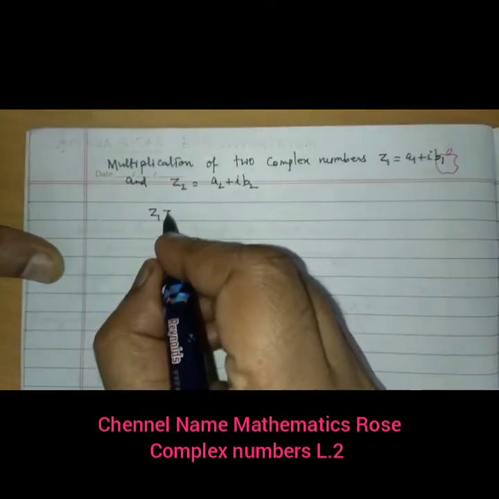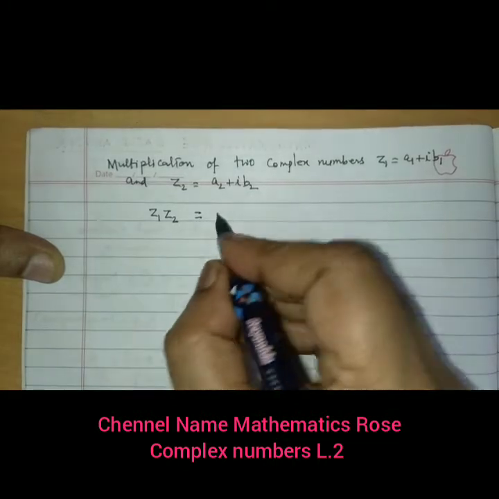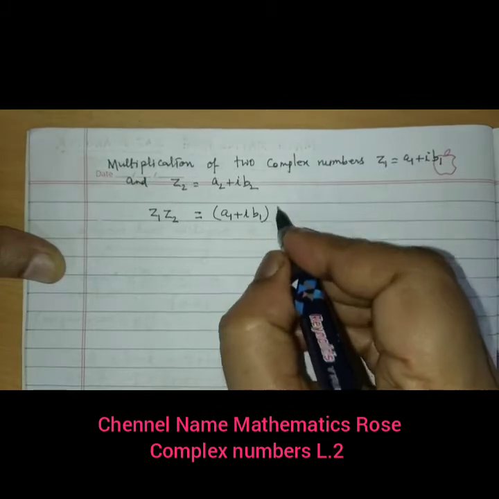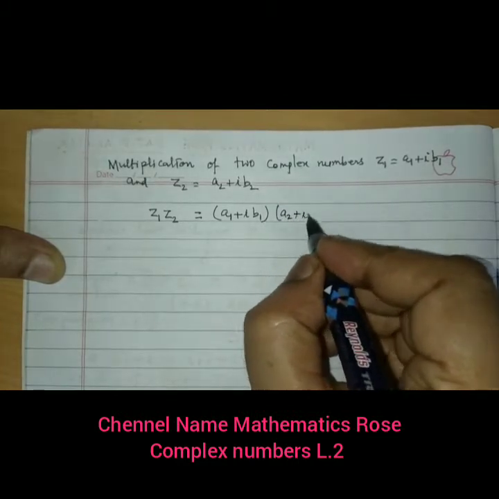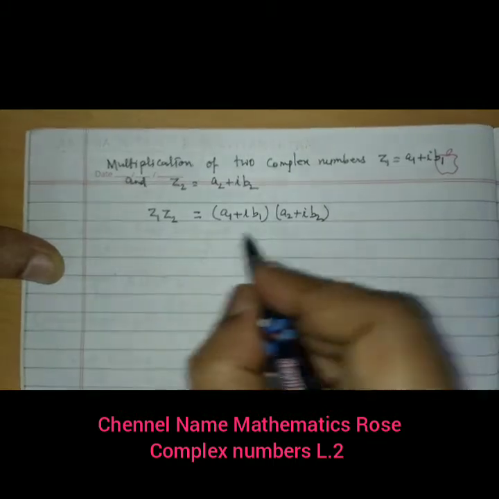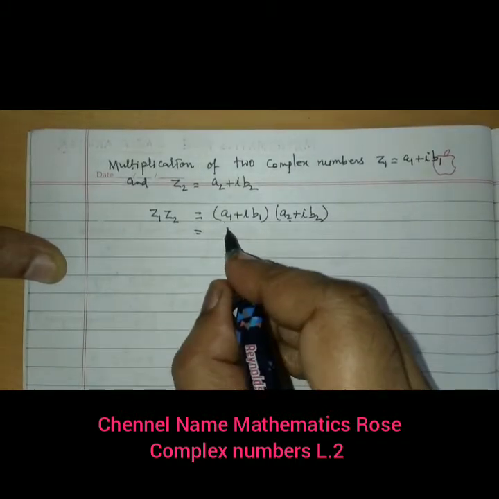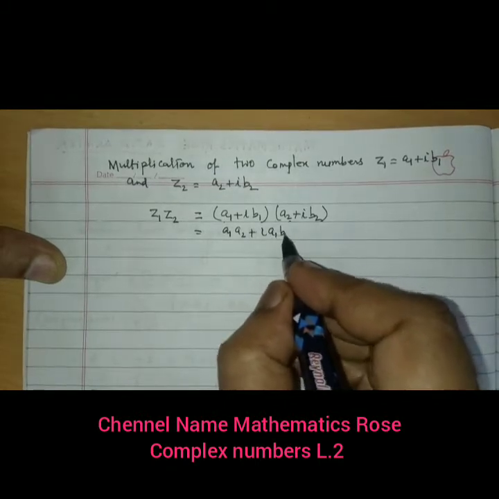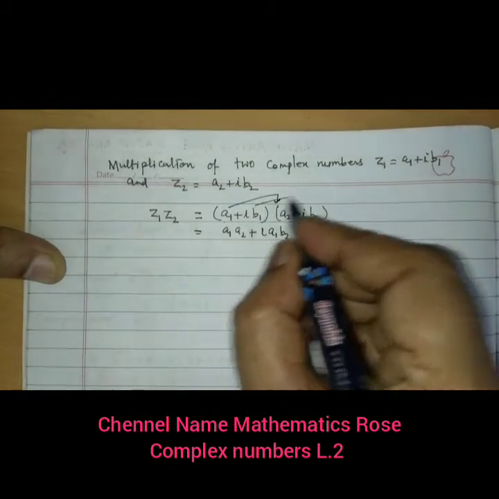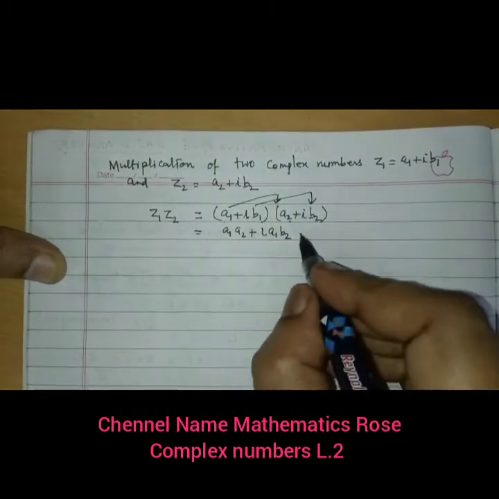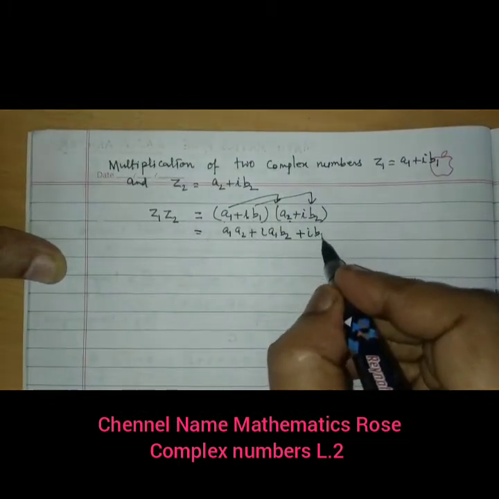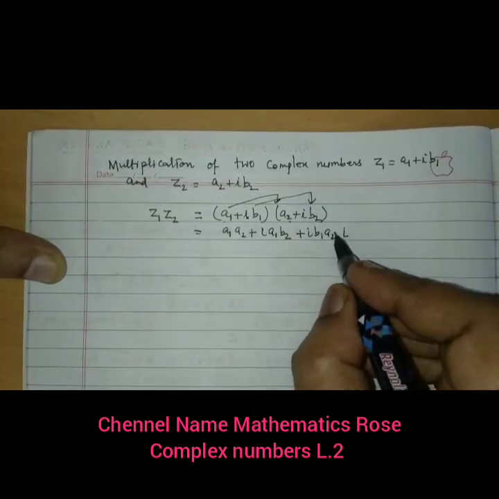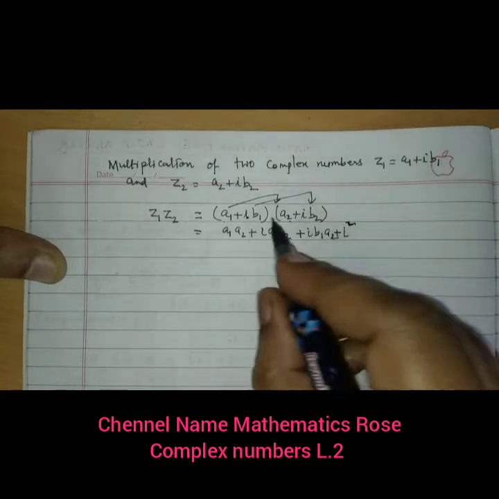So z1 z2 is equal to the multiplication of these two, so (a1 plus i b1) into (a2 plus i b2). ये हम लोग मल्टीप्लाई कर देंगे, a1 a2 हो गया एंड देन i a1 b2. ये मल्टीप्लीकेशन कर रहे हैं डिस्ट्रीब्यूटिव लॉ से. दिस एंड दिस विल मल्टीप्लाई i b1 a2 and then i into i, i square b1 b2.